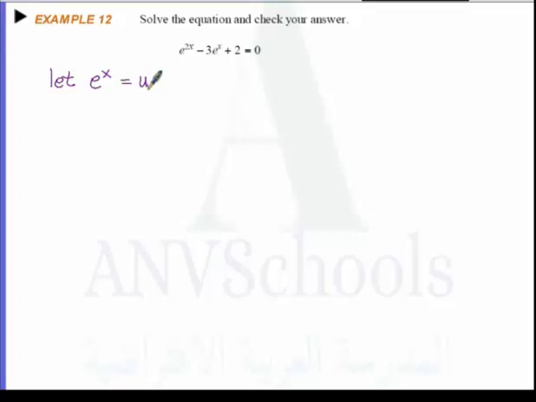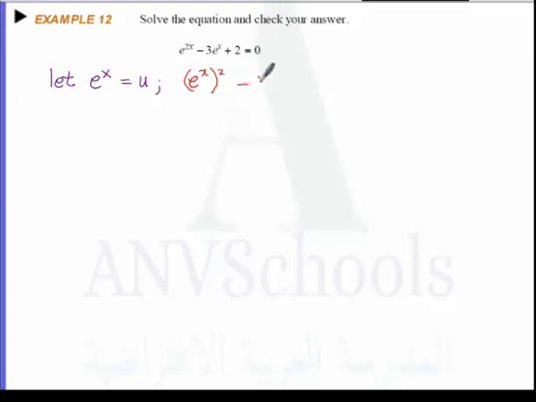Okay, so having our e raised to x as u, then e raised to 2x will be u squared, am I correct? Because 2x is an exponent multiplied to another exponent.